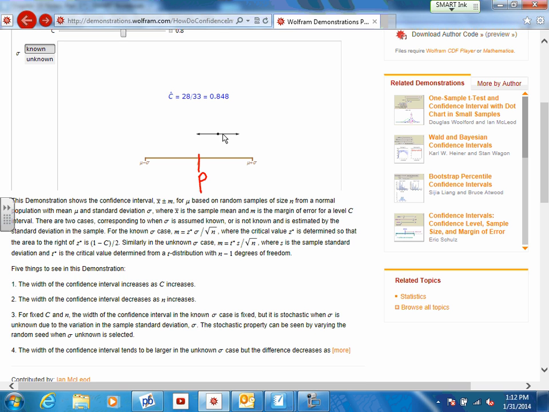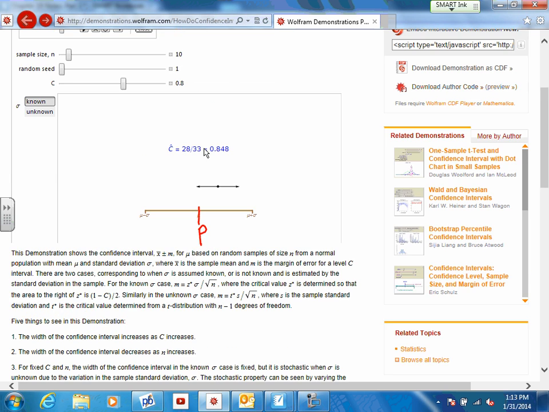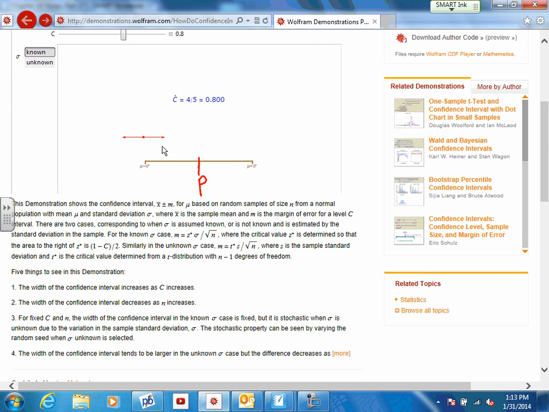This whisker up here to the side is the margin of error up, and this whisker down here is the margin of error down. If this interval is colored black on this screen, then it contains the true proportion of whatever. But if it changes to red, then it does not contain the true proportion.